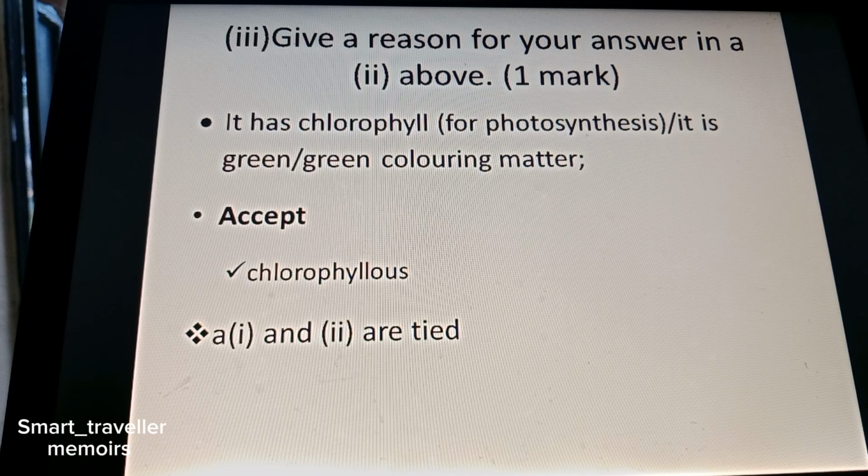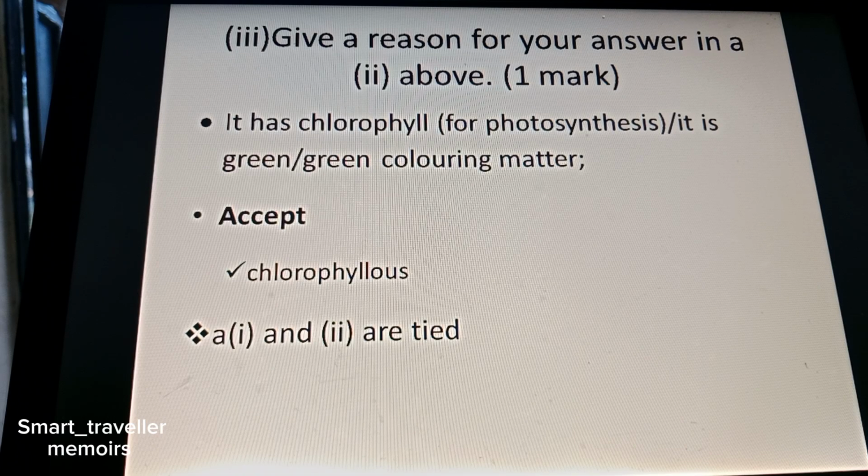Give a reason for your answer in 2 above. The answer which you were supposed to have given was, it has chlorophyll for photosynthesis. All right? You can see for photosynthesis is bracketed. So you could have just said it has chlorophyll. Okay?